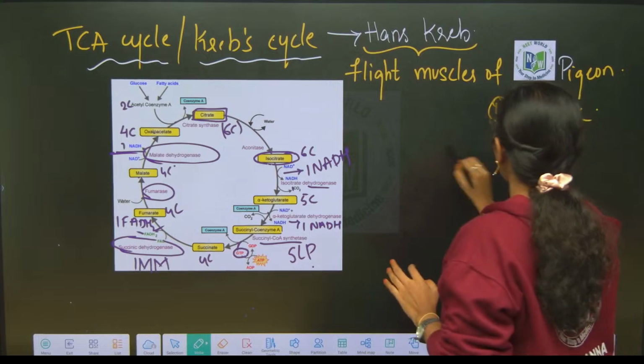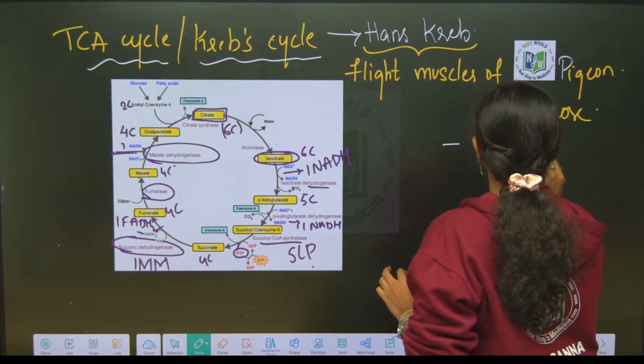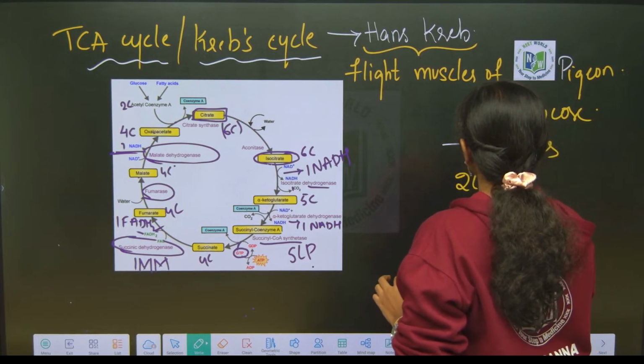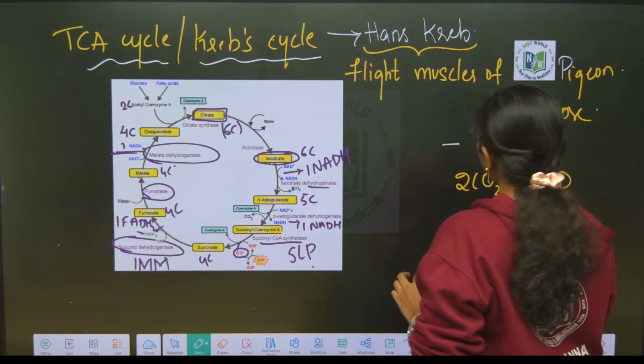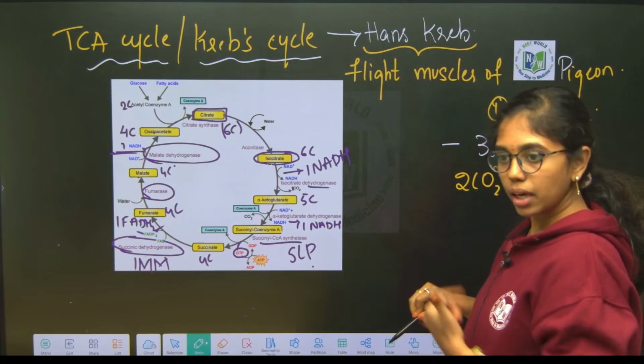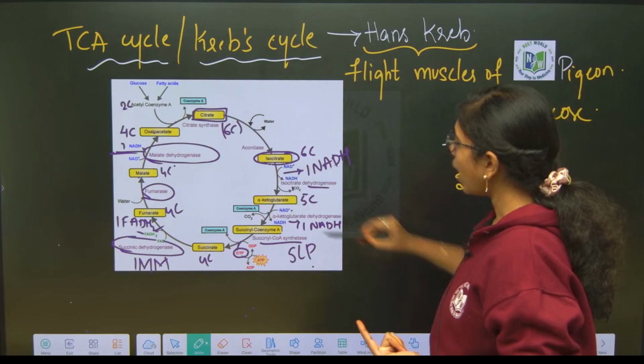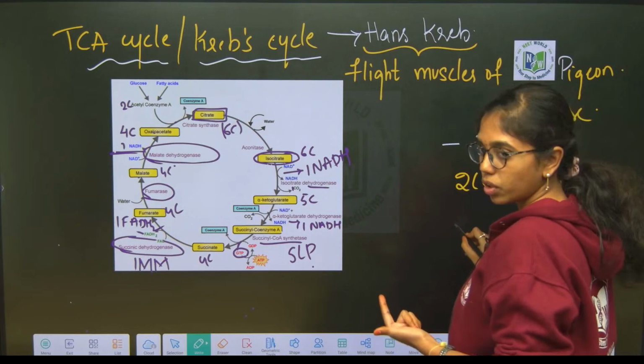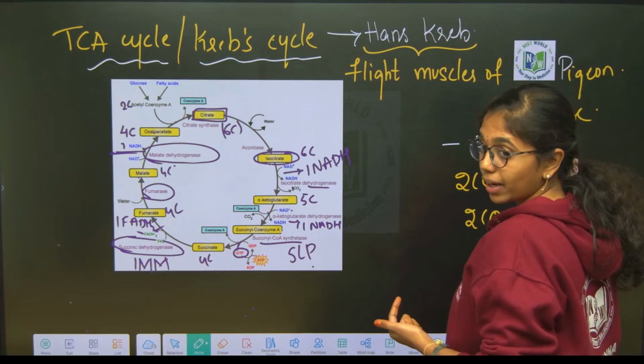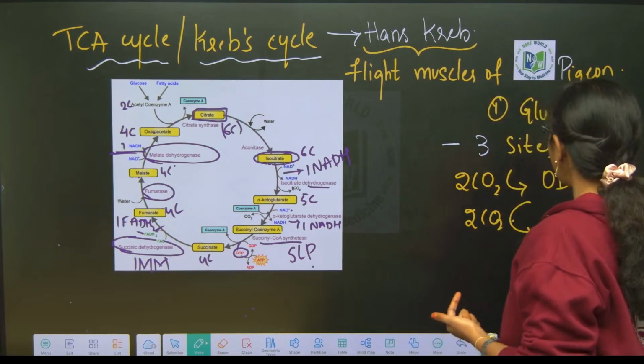Yes or no? 2 CO2 are first released at the oxidative decarboxylation in the mitochondrial matrix, and from isocitrate to alpha ketoglutarate, 2 carbon dioxide for 1 glucose I am saying, right? From where?